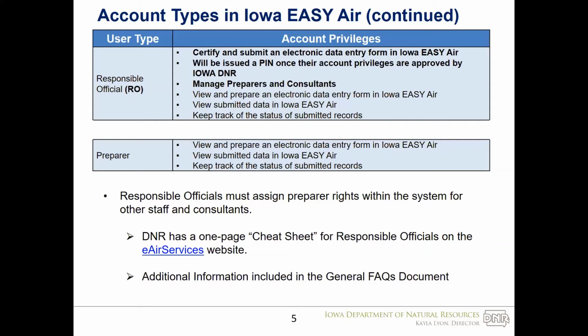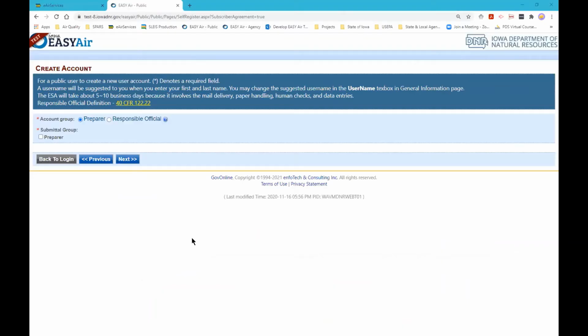Let's go back to the application. We're going to go ahead and select the role of a preparer. You have basically 3 more steps to take before you complete your account.